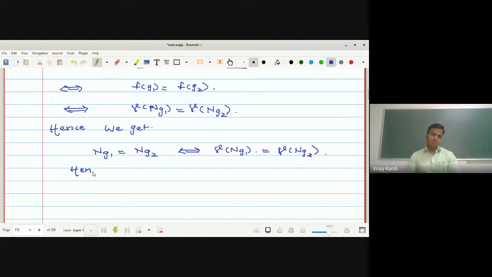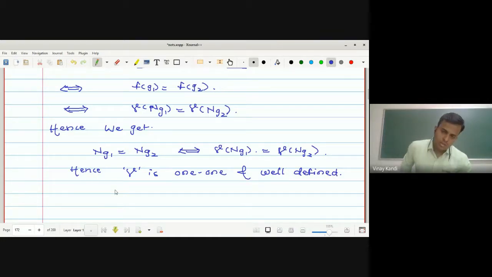Hence gamma is one-one and well defined. Any doubt up to here? Now we have to prove that gamma is onto.